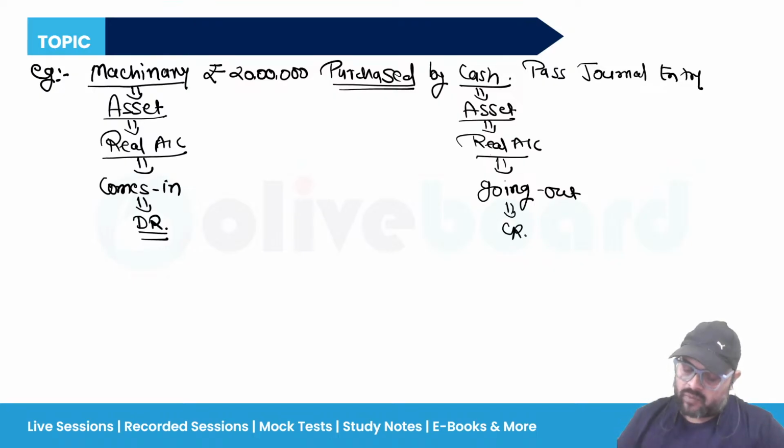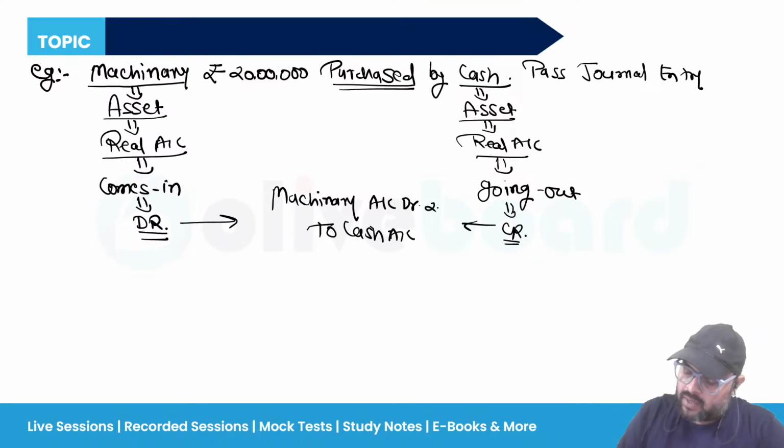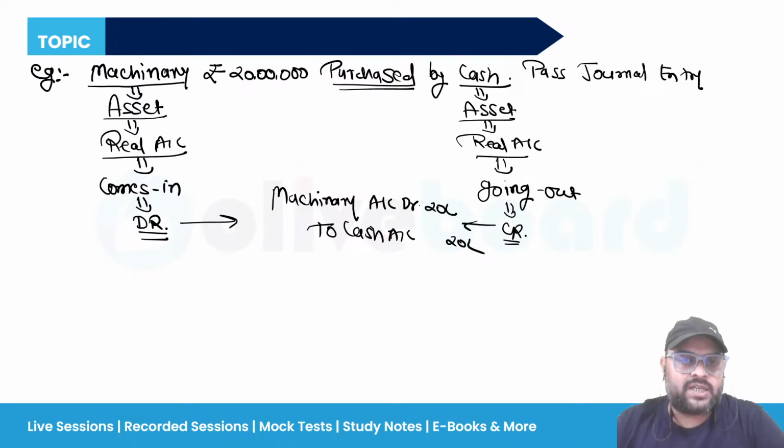Whatever goes out, we credit it. So what will be our general entry? Machinery account debit to cash account 20 lakh rupees. This is how a journal entry related to a real account we can create.